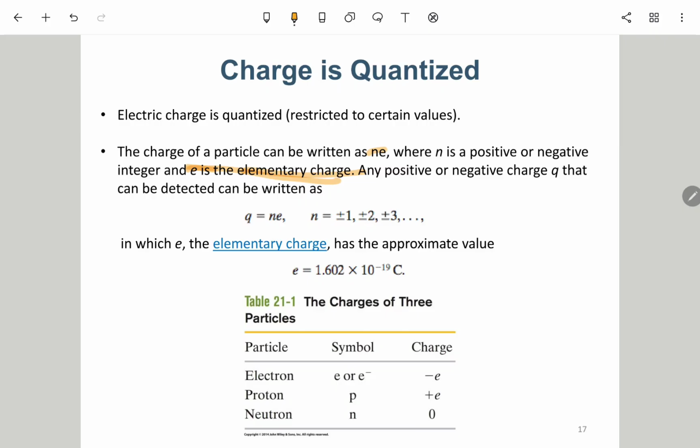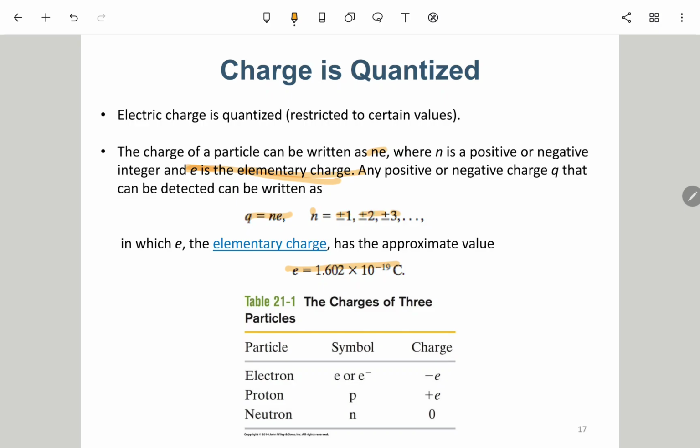Any charge that can be detected can be written as Q equals n e, where n is a positive or negative integer. e is a well-known constant, 1.602 times 10 to the negative 19 coulomb.